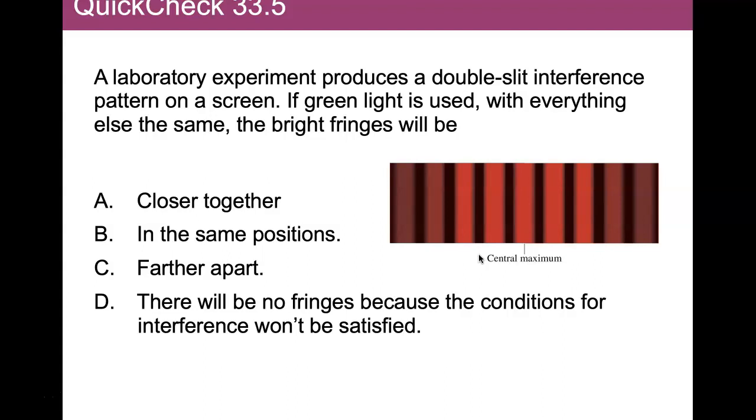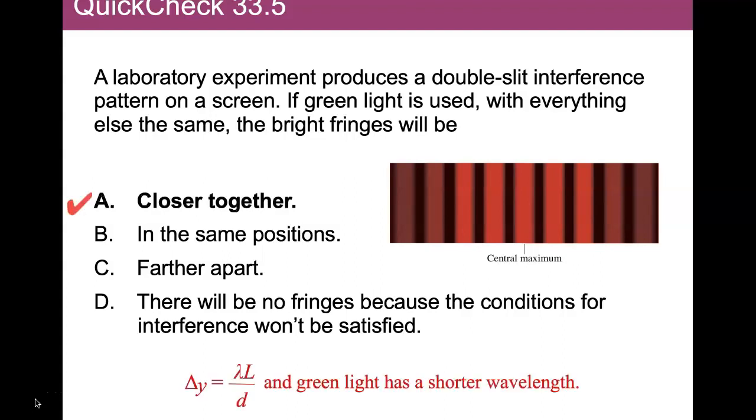So when you go to green, you increase the frequency, you decrease the wavelength. Remember, delta y was L lambda over D. So if I decrease lambda, L and D don't change, so delta y should go down. The separation between fringes should go down and they get closer together.